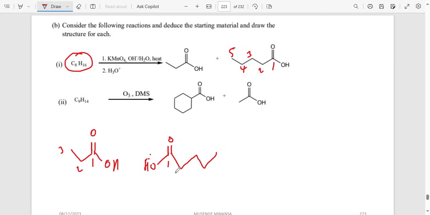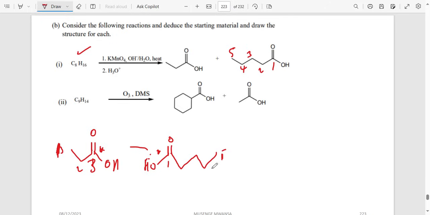This is also 1, 2, 3, 4, 5. So if you add 5 plus 3, that will give us 8, and that is the structure there, right? Meaning that the bond was broken between these two carbons, this carbon here and this carbon here. If I start counting from this end, 1, 2, this will be 3. For this other one, it is better if you start counting from the other end, for the sake of you knowing where the double bond was broken.